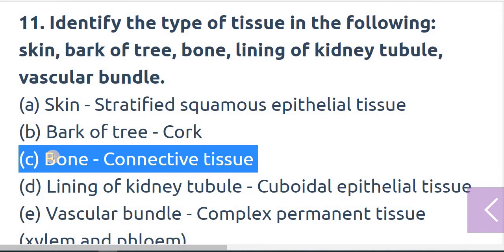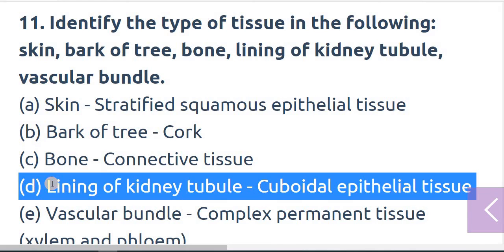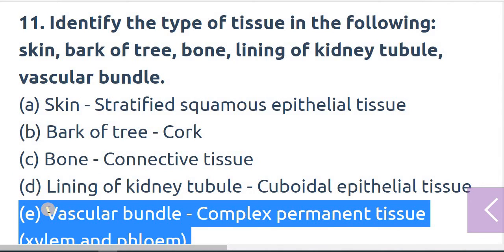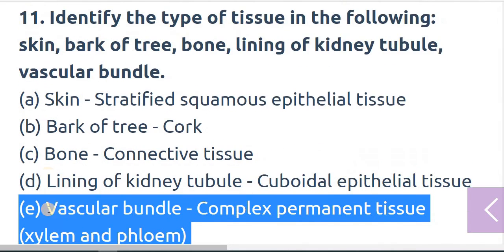In the bone, connective tissue is present, and in the lining of the tubule, the cuboidal epithelial tissue is present. And the vascular bundle is a plant tissue type, a complex permanent tissue like xylem and phloem. So the E answer is xylem and phloem.